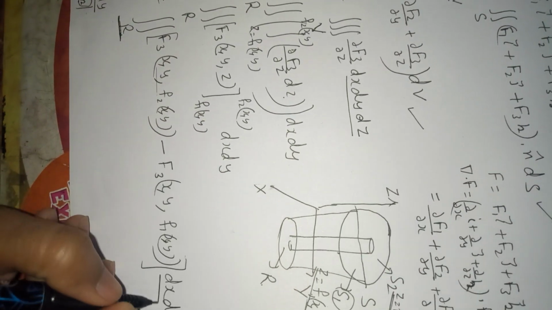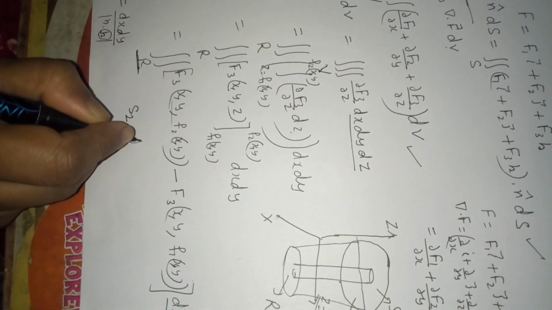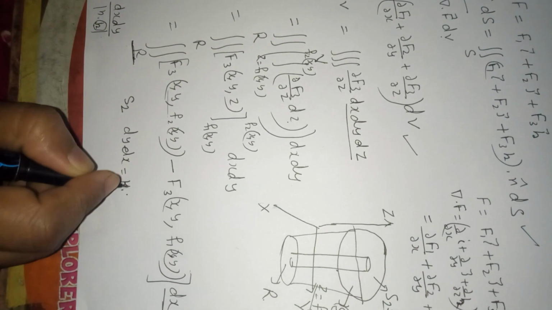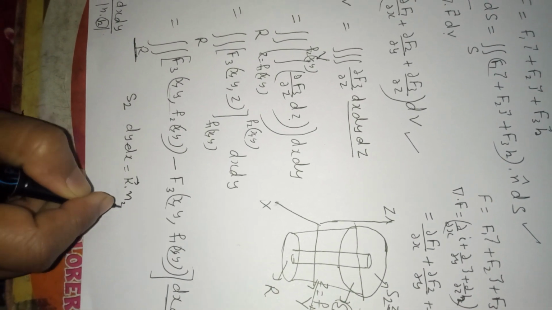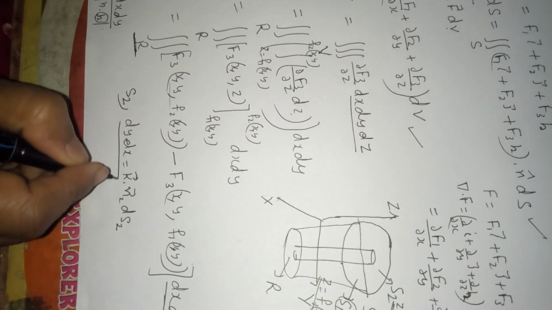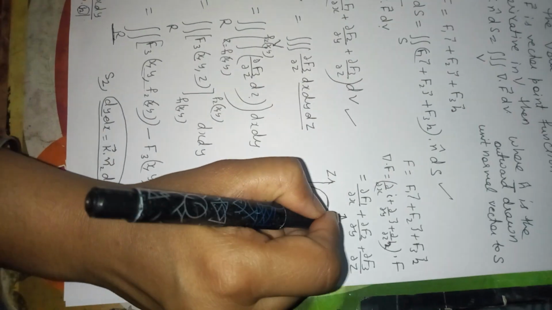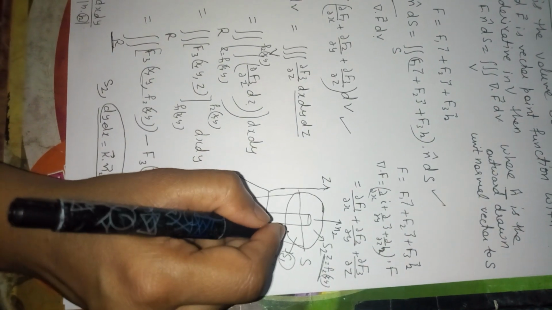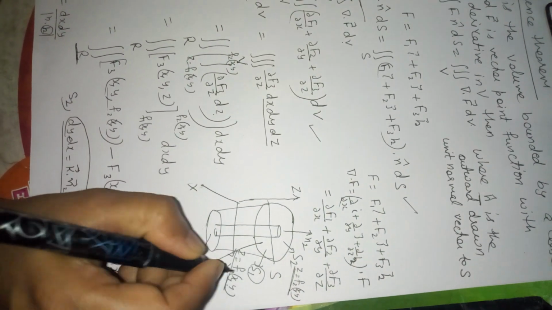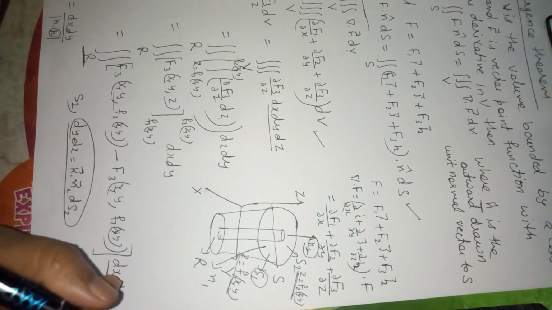Similarly in this case, for surface S2 we take dy dx as k dot n2 dS2, where n2 is the outward drawn normal to surface S2, and n1 is the normal for the S1 surface.